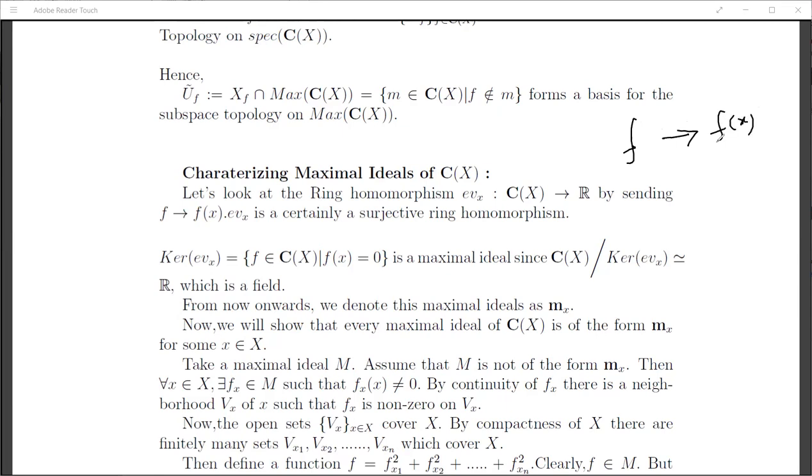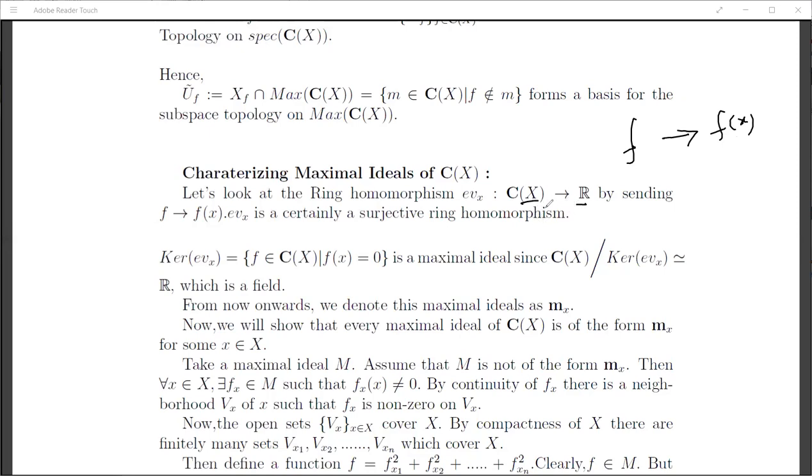So that is our evaluation map from C(X) to R. And obviously this map is a surjective ring homomorphism because constant functions are there always. So you can take any constant function and that will give you every real number in the image. So that is a surjective ring homomorphism.